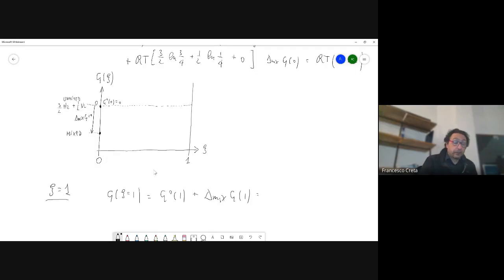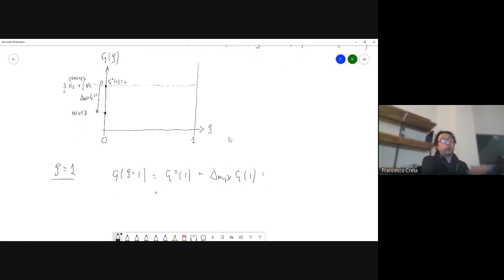Now, let's see G0. When the reaction is shifted all to the right, you have 0 reactants. You only have products.